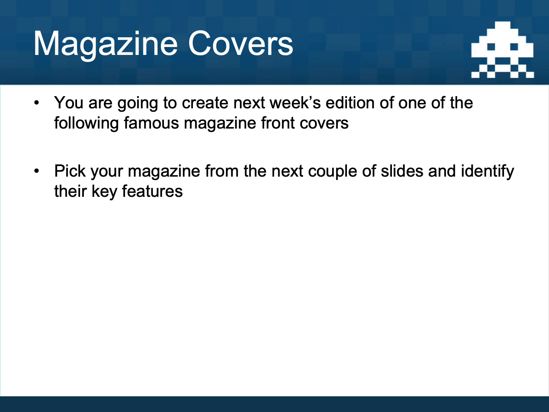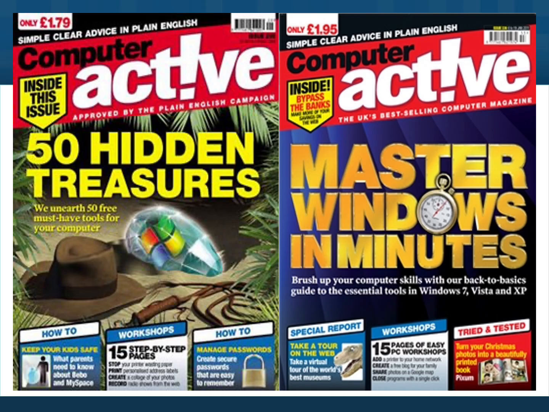So in a minute, you're going to design the front cover for next week's edition of a popular magazine. And I'm going to give you a couple of options for the magazine that you might wish to choose, and they're going to be coming up over the next couple of slides. The first option is the next week's edition of the Computer Active magazine.